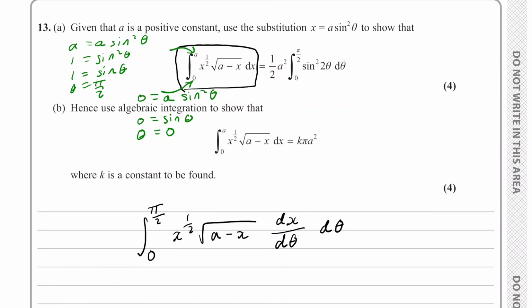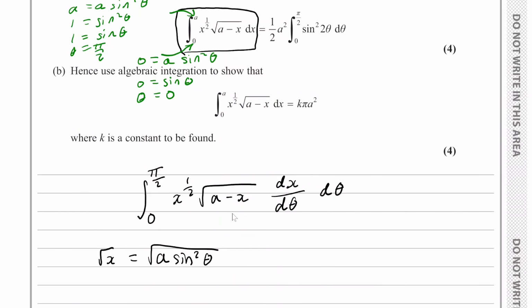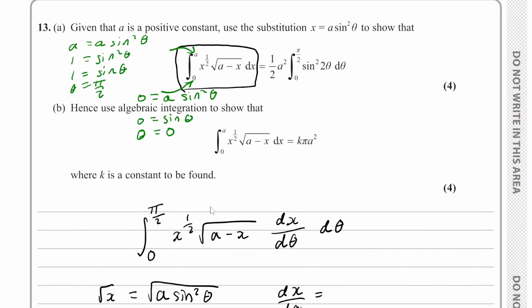So square root x, x to the power of a half, is going to be the square root of a sine squared theta. dx d theta is a sine squared theta differentiated. So a is a constant.